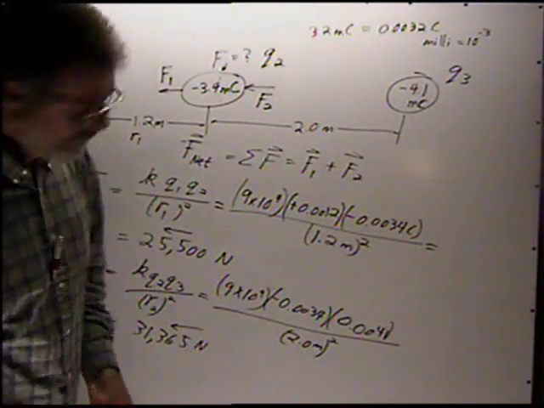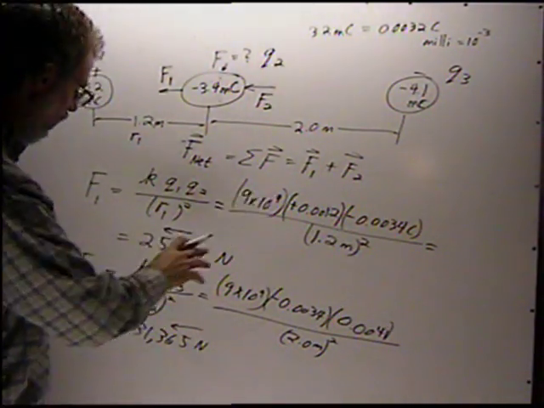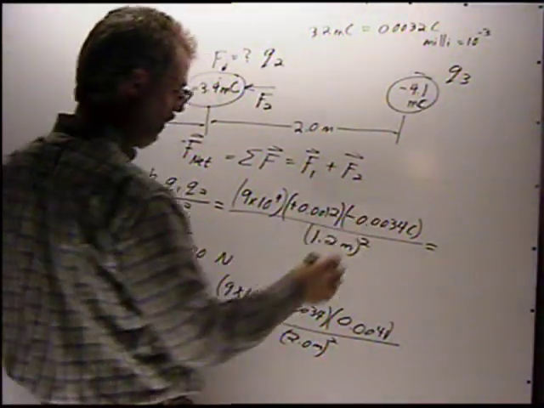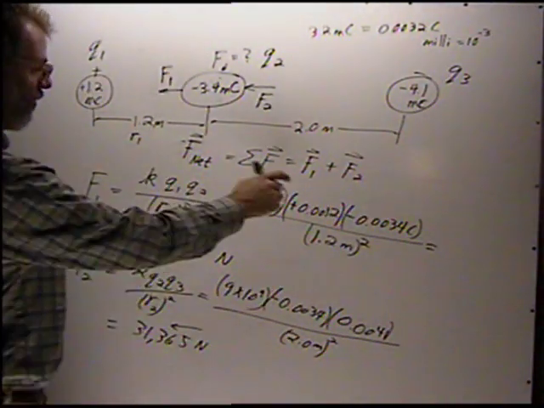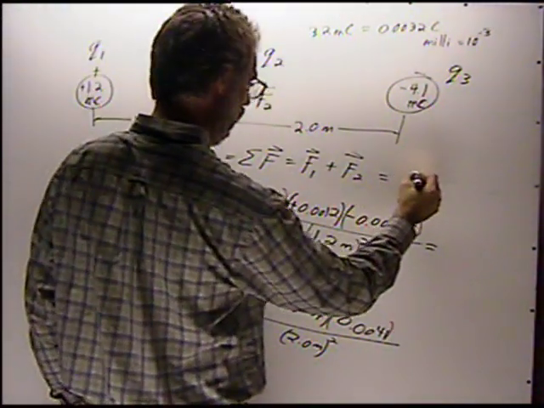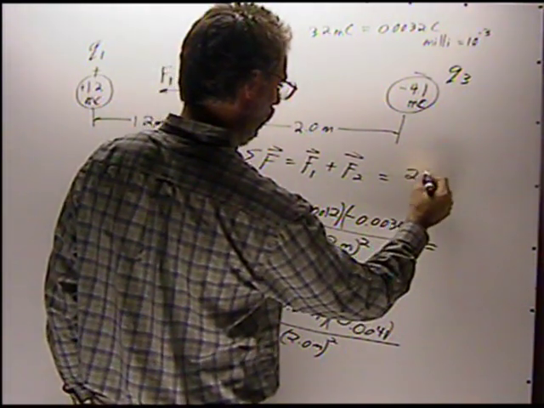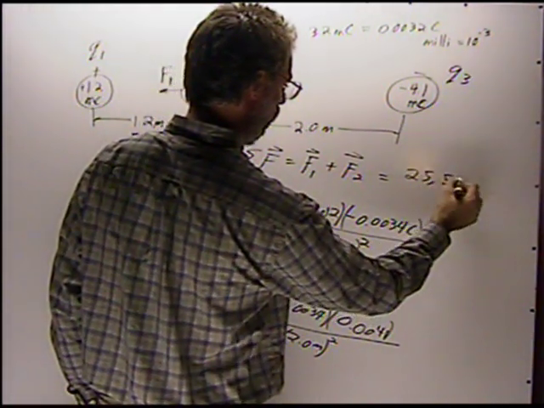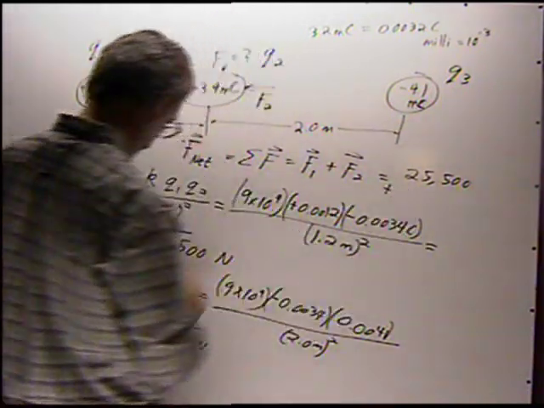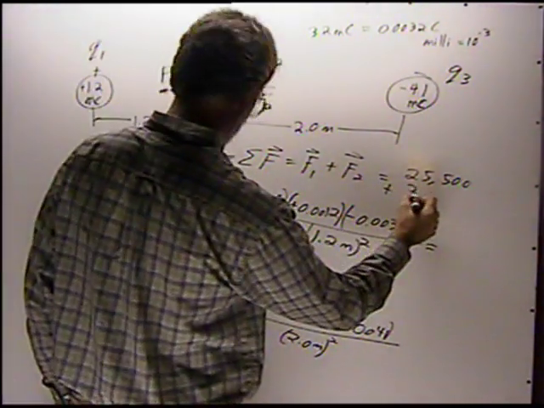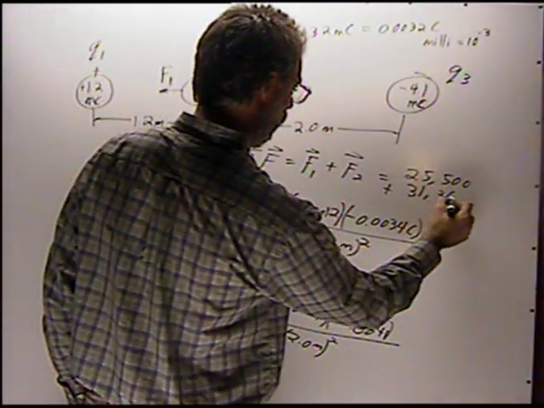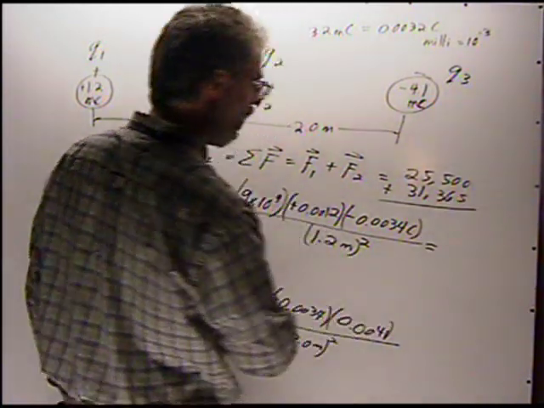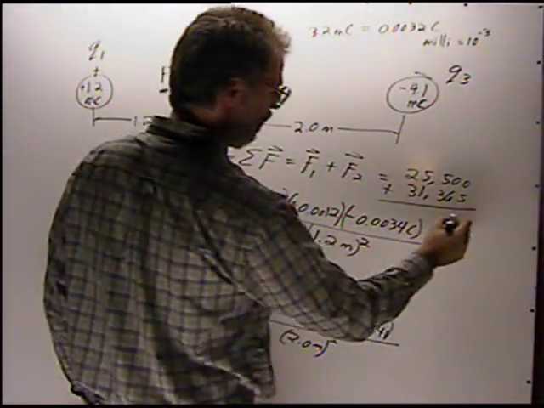So the sum of these will be 25,500 plus 31,365. When I add them up, I'm just going to simply add them up this way.